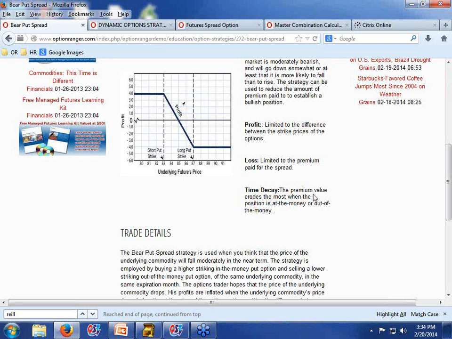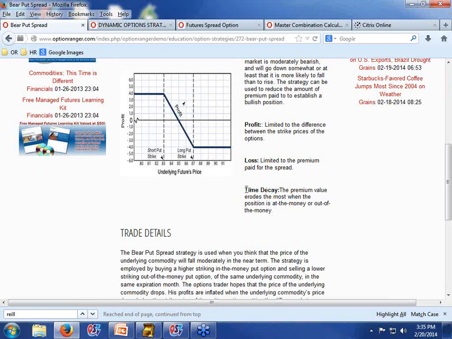And here's what a lot of people who buy options really need to know and look at every time they put on a trade, because time decay will often do harm to a trade that is directionally accurate, but does not get the volatility change it was expecting. So in this particular trade, the premium value erodes when the position is at the money or out of the money.